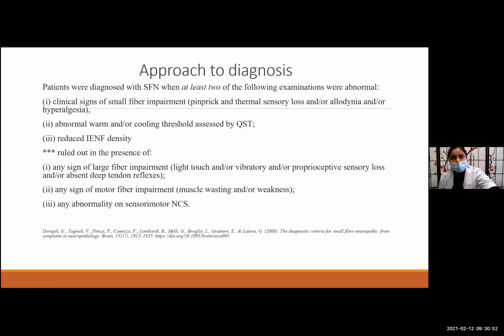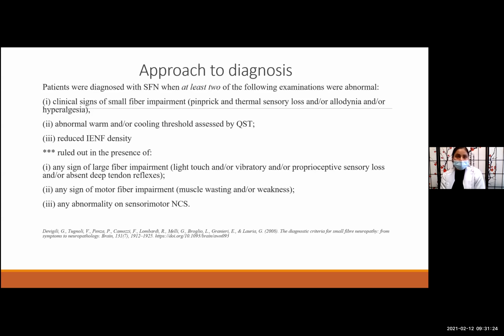Like I mentioned initially, small fiber neuropathy presents with pain and allodynia, a very specific kind of pain. Quantitative sensory testing is a specific investigation to identify the A delta and C fiber involvement in the small fiber pathology, as well as biopsy to figure out the intraepidermal nerve fiber density.